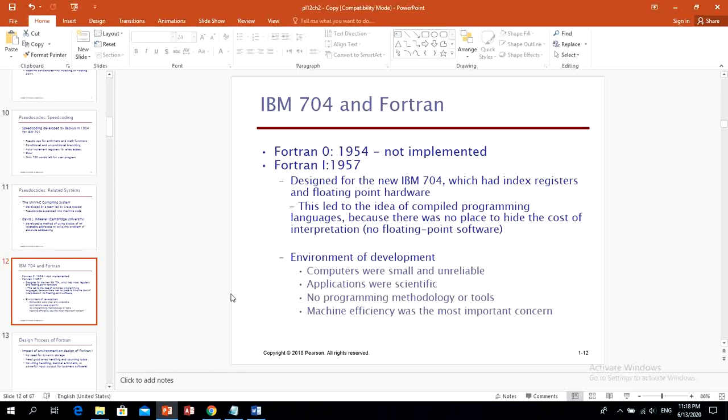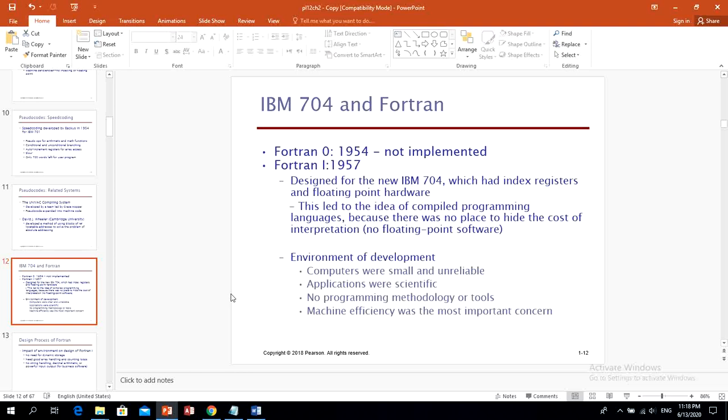At that time, in the development environment, computers were small and unreliable, of course, and applications were very scientific, and no programming methodology or tools existed in the development environment.